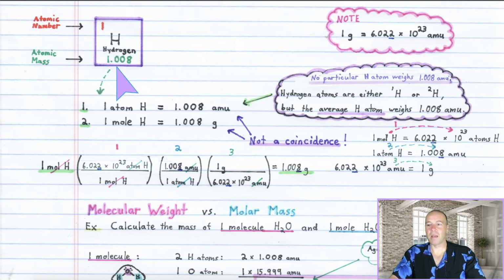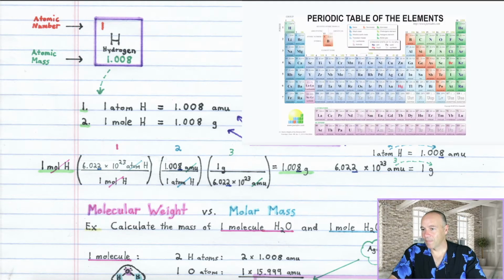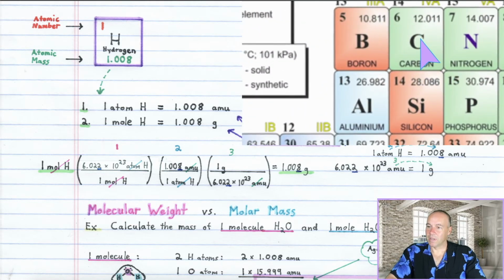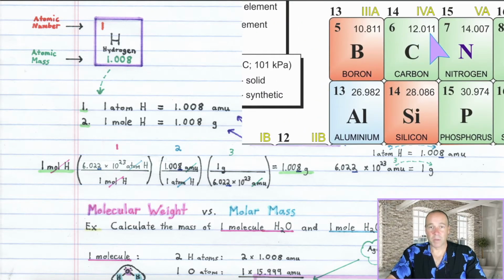Now this works for every single element. So not only does 1 mole of hydrogen weigh 1.008 grams, but if you look up any other element on the periodic table, you can quickly determine how much 1 mole of it weighs. So for example, looking up the element carbon, carbon's atomic mass is 12.011.